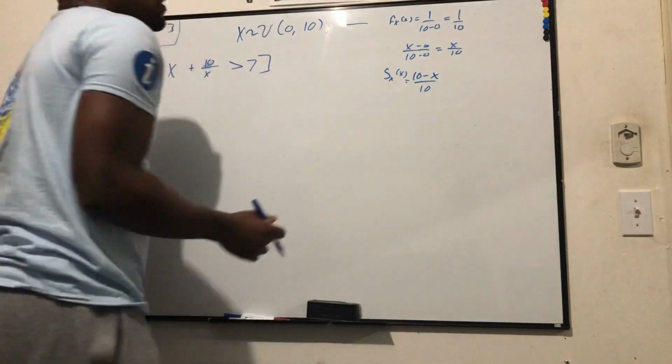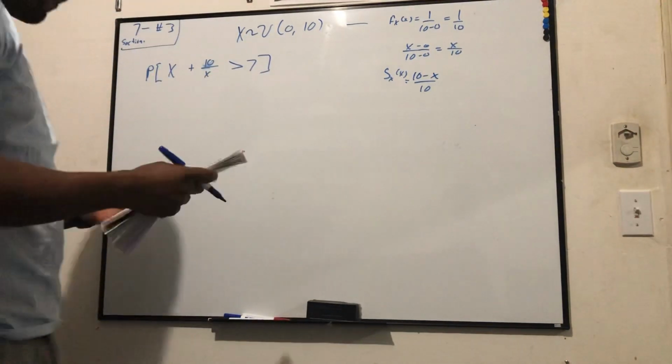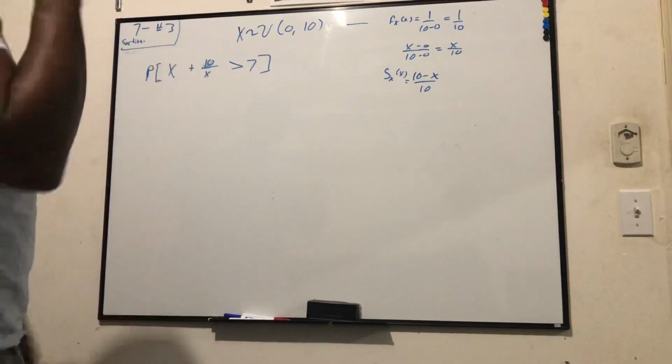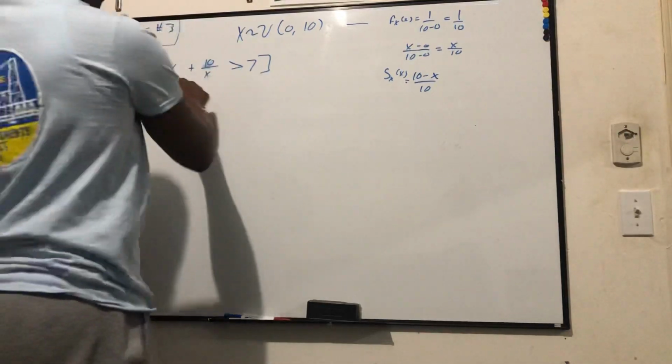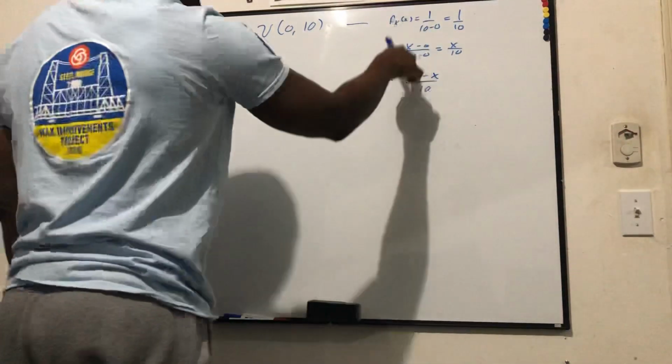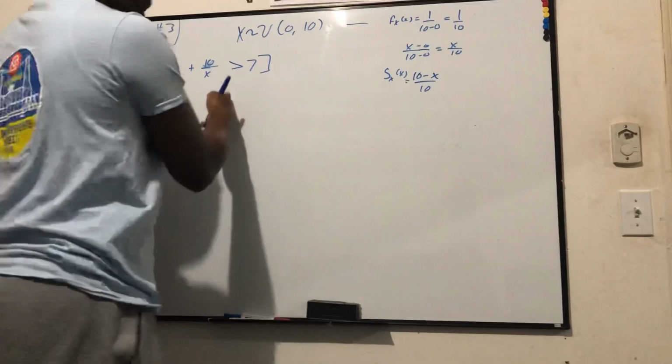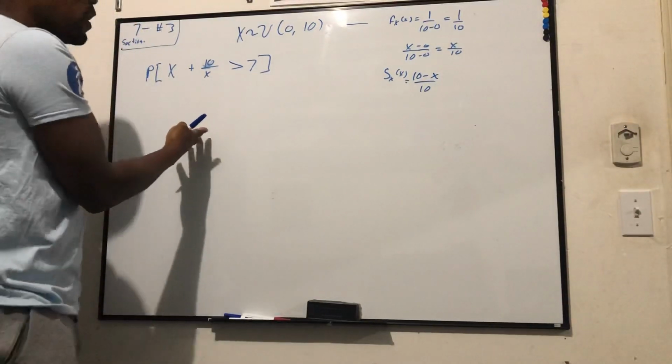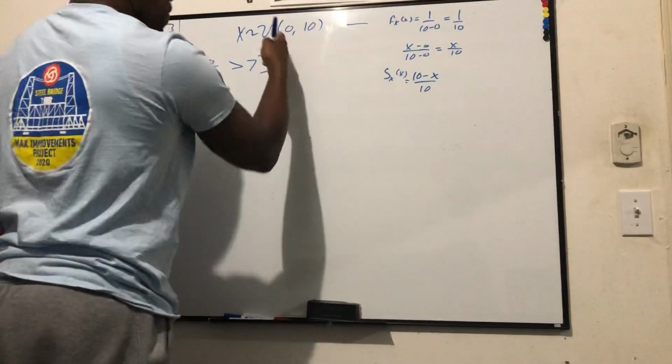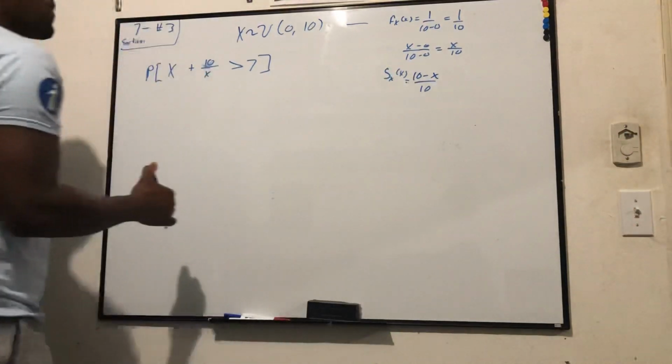So these are the things that I've written down. I was like, okay, so how am I gonna make this look like one of these, so then I can actually answer the question and use the probability? So I need to make this look like something like that.